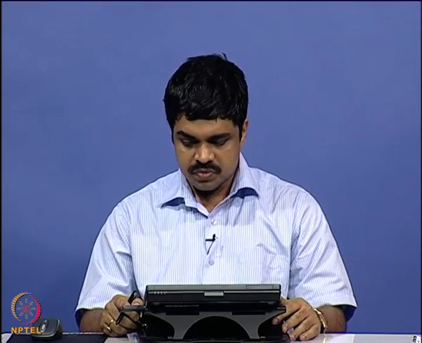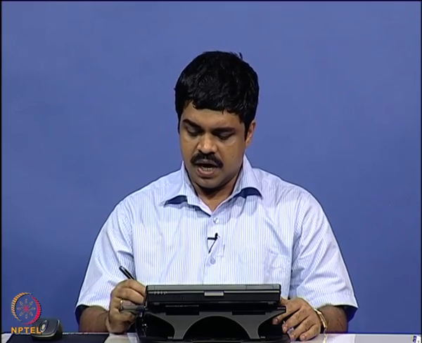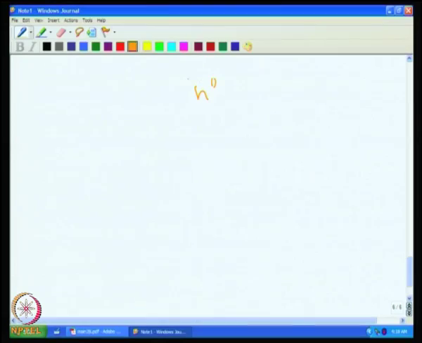So, this is the idea. What we have seen is that given a graph, it is always possible to represent the graph in n dimensions. What do I mean by that?